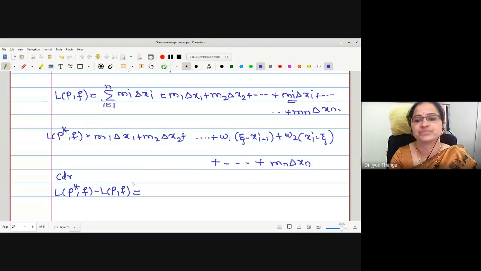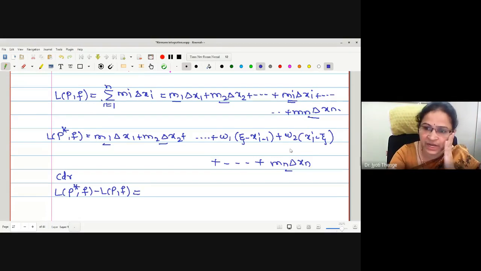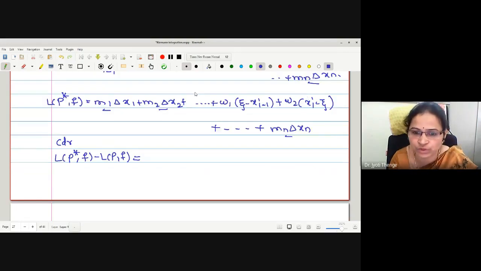Correct now? Let us take the subtraction. If I take the subtraction, all the terms will get cancelled except the ith one. The first one will get cancelled, the second one will get cancelled, similarly the last one and the remaining also will get cancelled. Only in L(P*, f) these two values will remain, and in L(P, f) this value is going to remain.